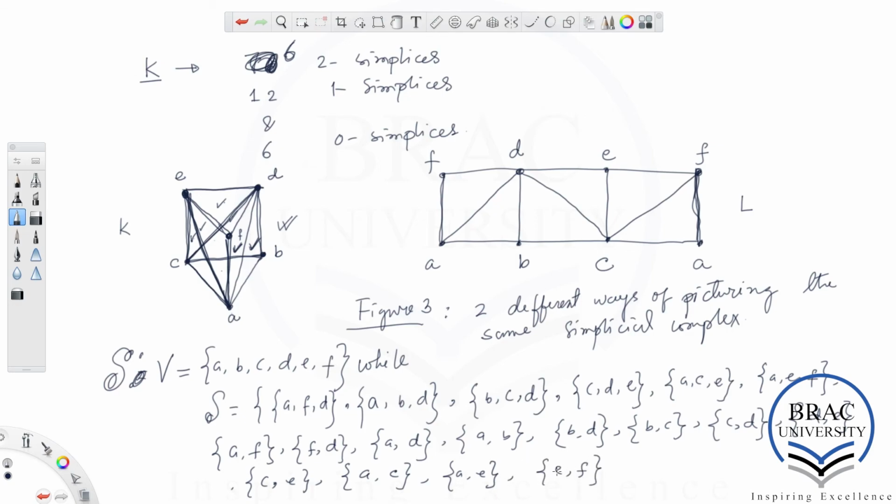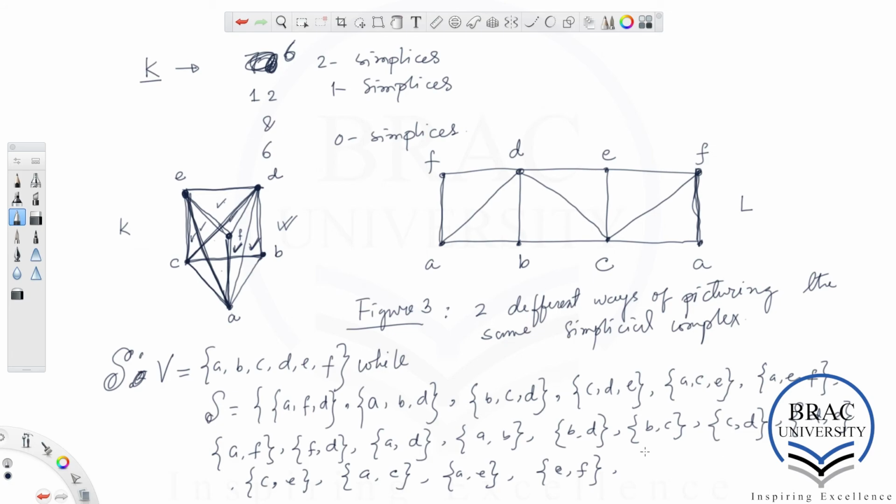Okay. So let me count the one simplices. 1, 2, 3, 4, 5, 6, 7, 8, 9, 10, 11, 12. There are 12 one simplices.